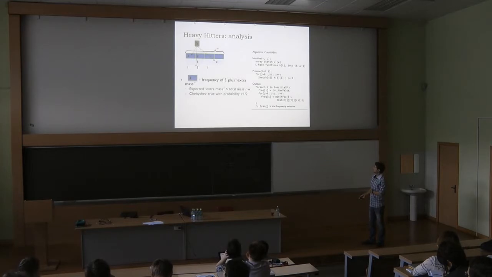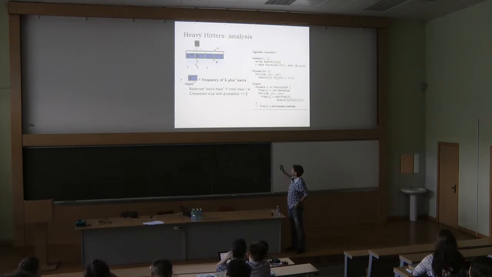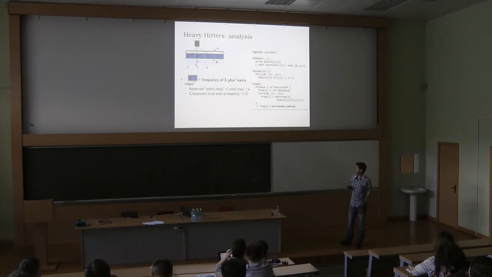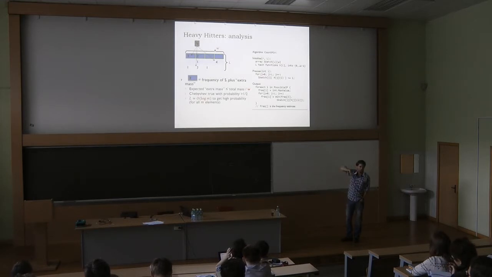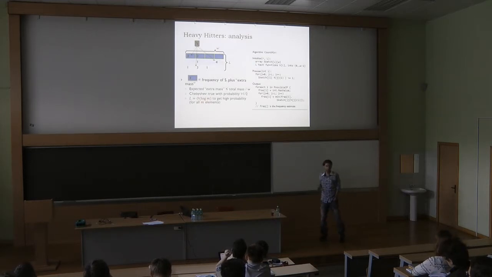By Chebyshev, this is true with probability at least half. So maybe this expected mass will be at most 2 times total mass divided by W. And if we repeat this L times, this is why we have a bunch of rows, where L is, say, order log M, and take the minimum, then we get a high probability statement.